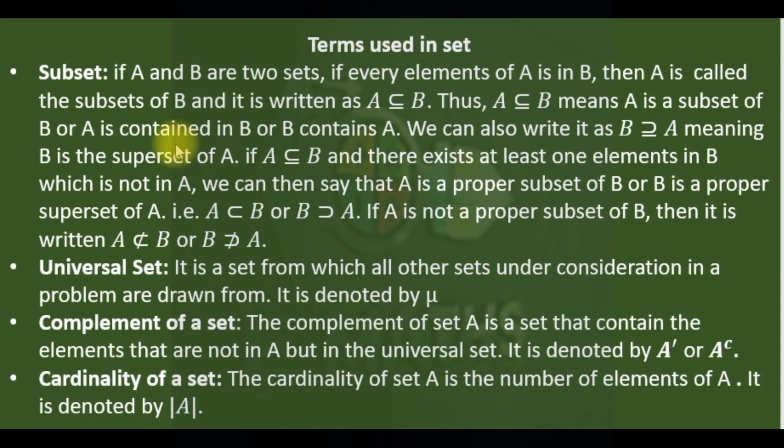Now we'll look at the terms used in sets. We have subsets. If you have two sets A and B, and every element of A is in B, then A is called a subset of B, and it's written this way.